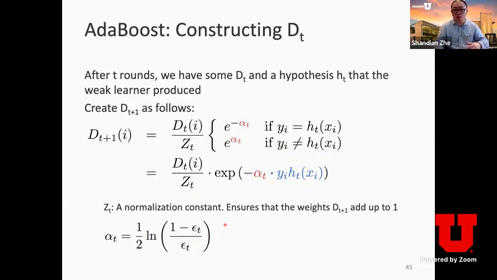We're using some meaningful classifiers, which means the weighted error is less than half. If the weighted error is bigger than half, we'd rather use a random guess. So the value of alpha_t will be bigger than 0, because 1 minus epsilon_t will be bigger than epsilon_t. This fraction will be bigger than 1, and you take a logarithm, it's positive, so alpha_t is positive.